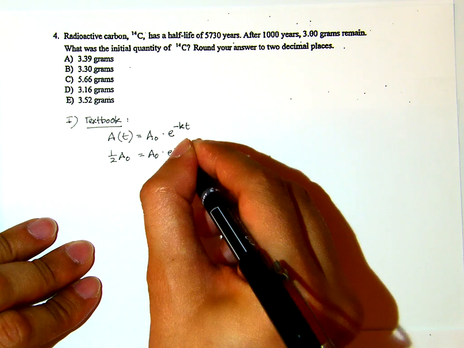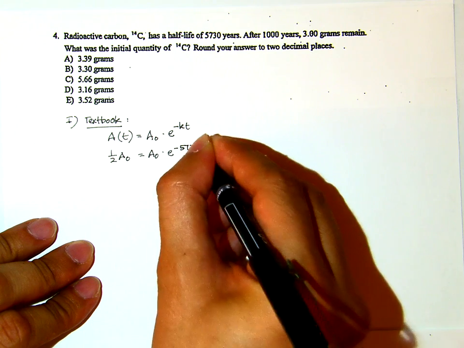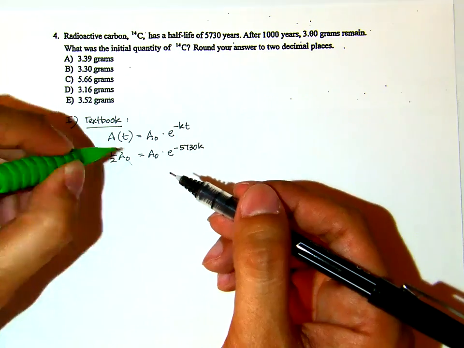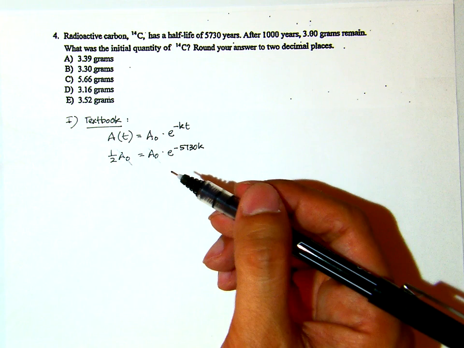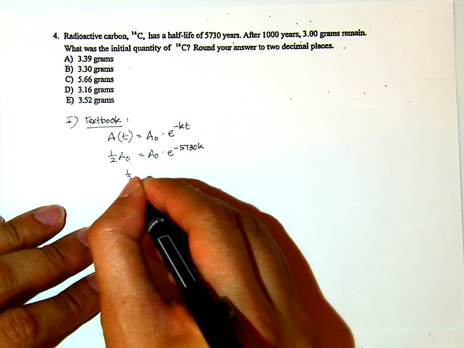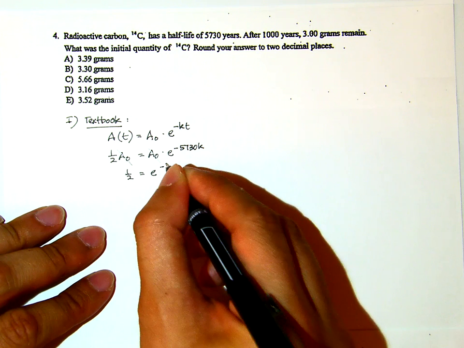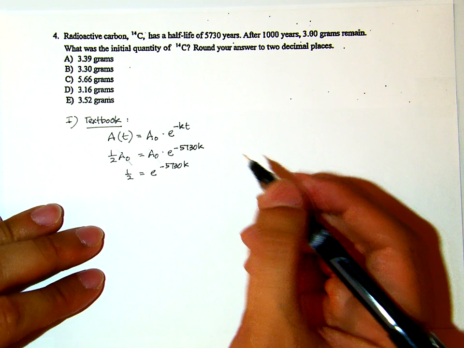So this is negative 5,730 K. I will cancel the N out, the initial amount. Then I get 1/2 equals e to the power of negative 5,730 K.